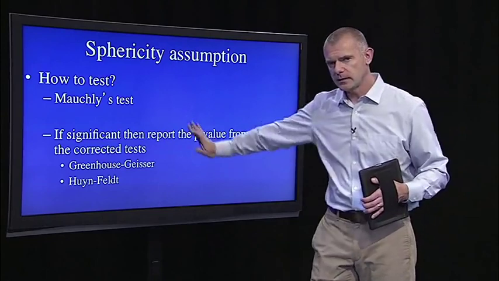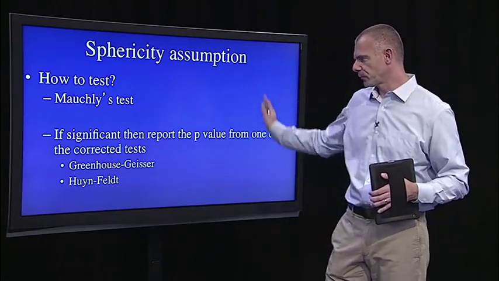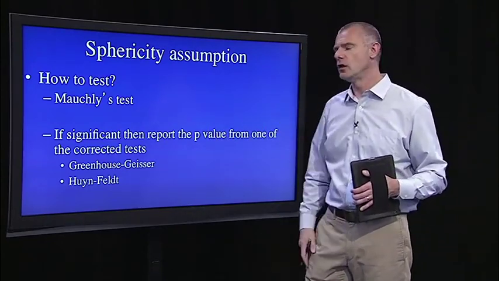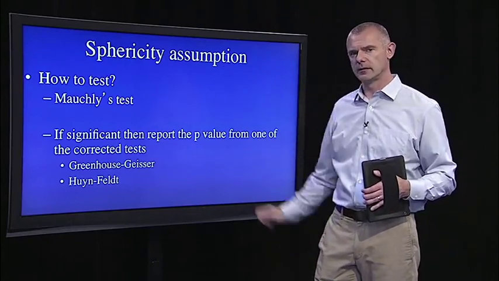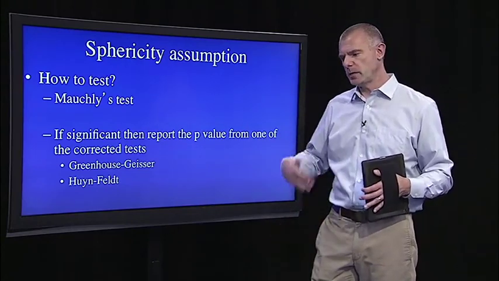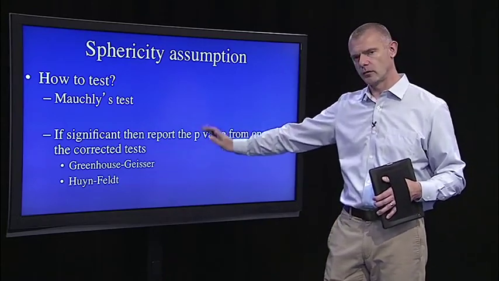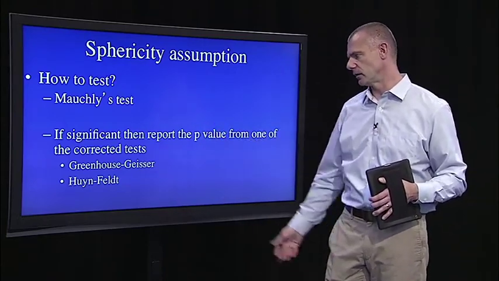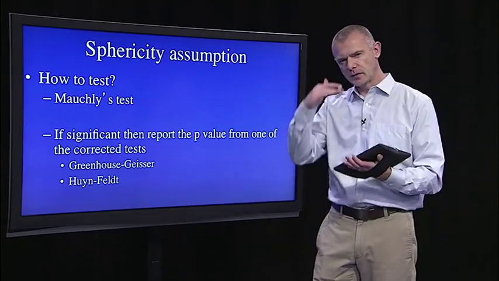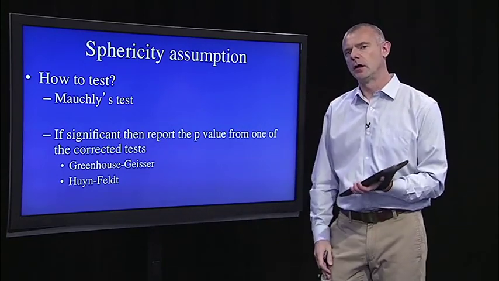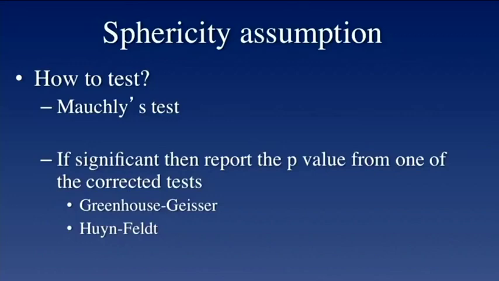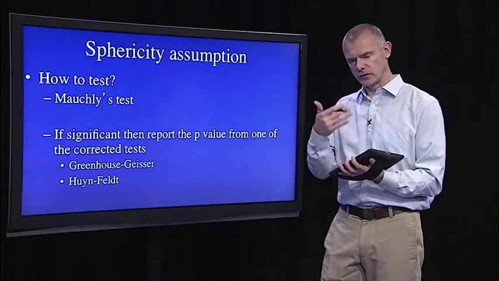We'll get into this in R, but for now, just note that if you do violate this assumption, most people use built-in corrections, created by statisticians, Greenhouse-Geisser and Huynh-Feldt. They adjust your p-values to take into account the fact that you violated an assumption and might be running the risk of increasing the probability of type 1 error. That's the gist, glossing over it a little bit for the sake of time.